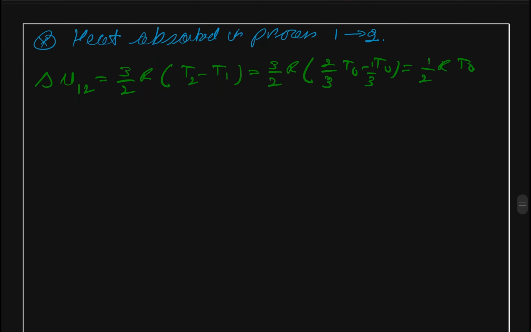And now we find out the work done. Work done for 1 to 2 is P naught V naught, which is 1 by 3 R T naught.